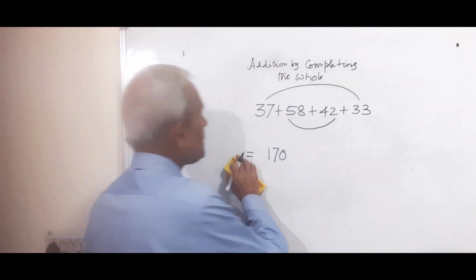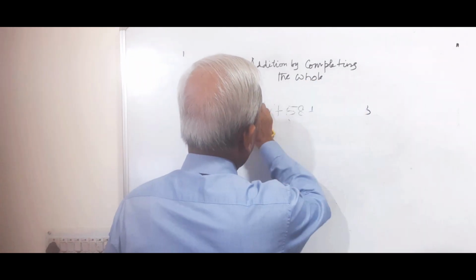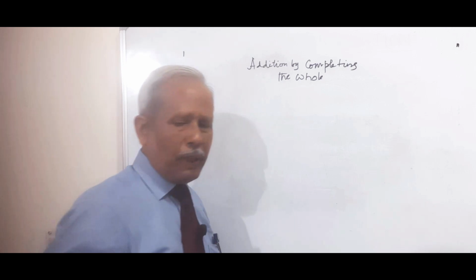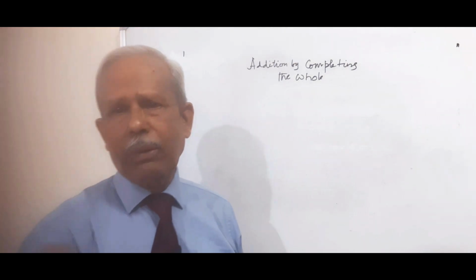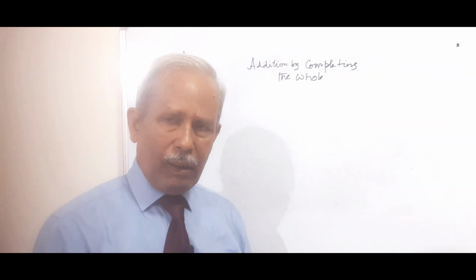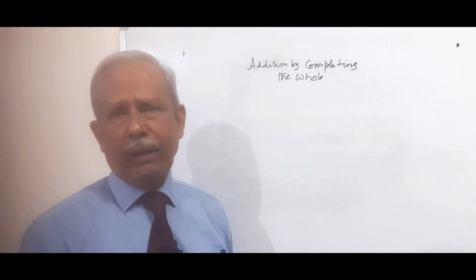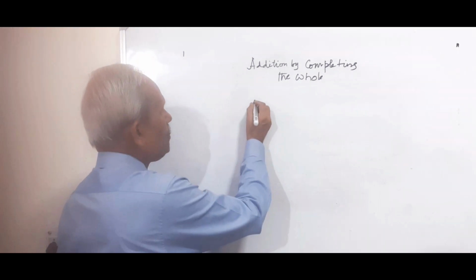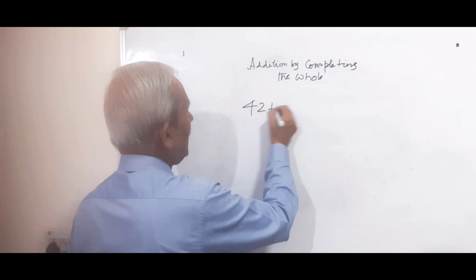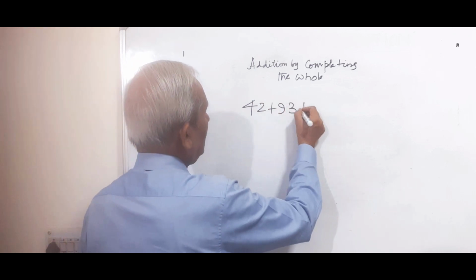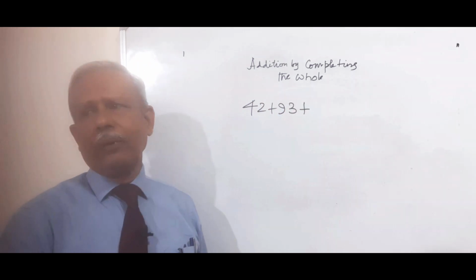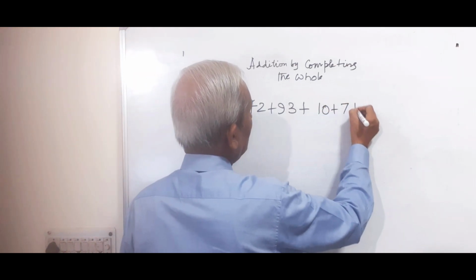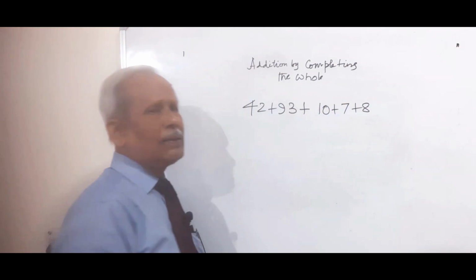Well, now we'll see something different. See, when you practice, you should develop your own problems yourself, and you can add it like this, and that becomes easier for you. Otherwise, I can give you some problems here, which you can try yourself. 42 plus 93. Your exercise for you. 10 plus 7 plus 8. Do it yourself. Quite easy.